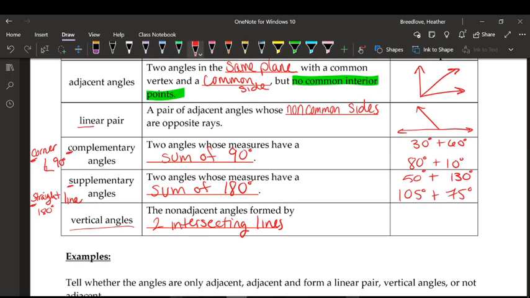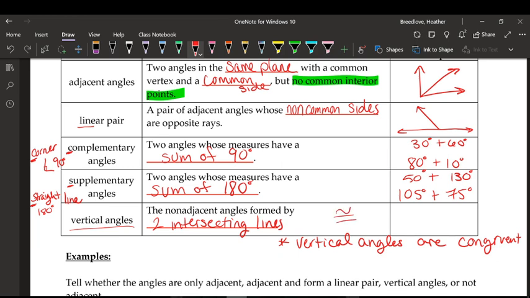Vertical angles, okay, here. Vertical angles are congruent, meaning they have the same measure. So they're going to be congruent.